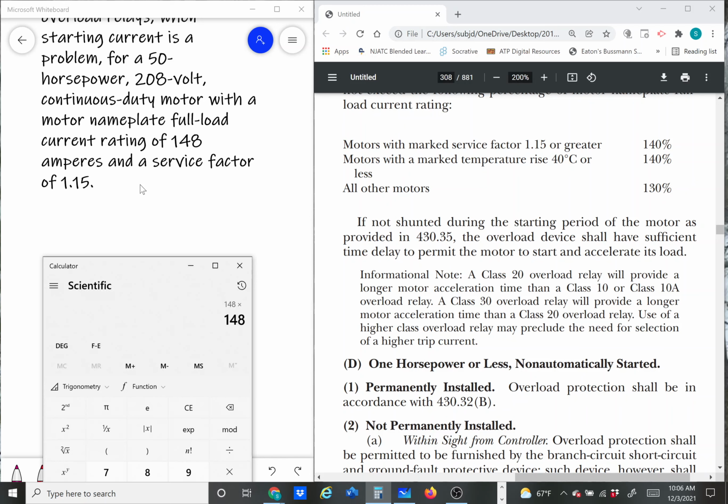But since I have a service factor of 1.15 or greater, even though it doesn't tell me anything about my temperature rise, I can now use 140%. So I'm going to multiply that by 140%. And there it is. I got to use overloads that are rated for 207.2 amps. Easy peasy.